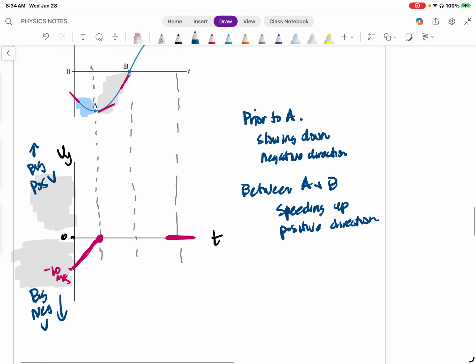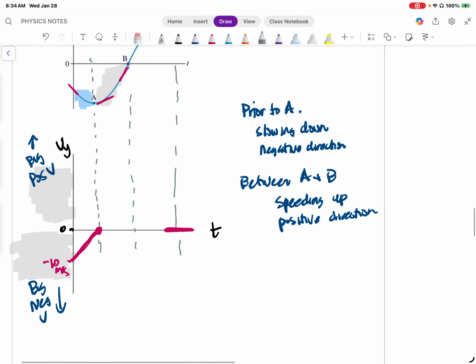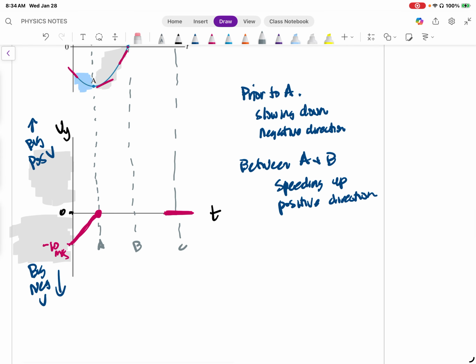Okay, so from A to B, I'm going to hop back down to my velocity time graph. Remember, this is where we put A, this was B and C. From A to B, we're going to be speeding up, and that's helpful because at A, I'm at 0. I can speed up from point A in either direction.